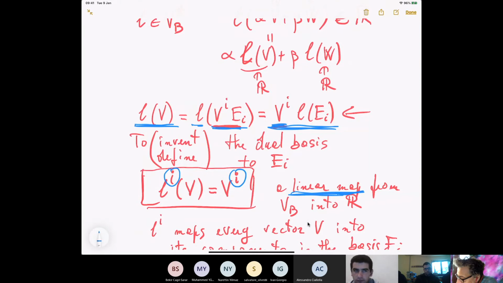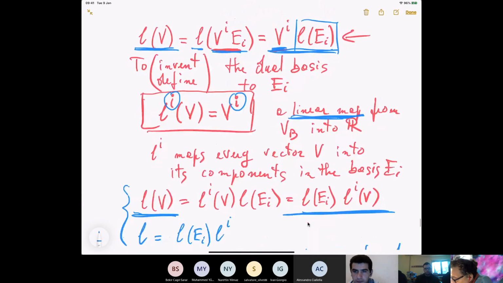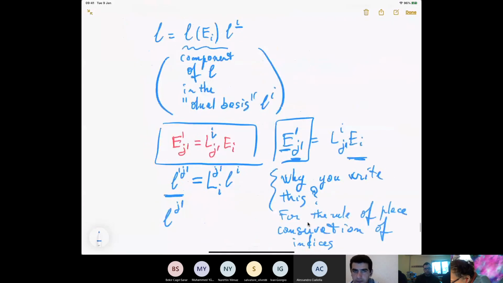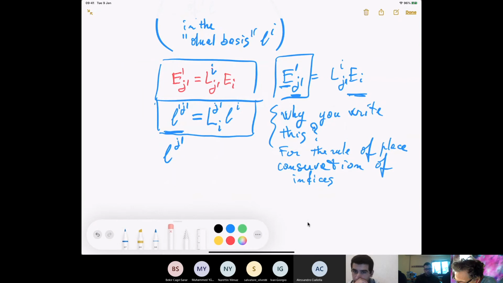You have L Ei here. The index here is down. So Li must have the index up in order to keep the law of conservation of positions of the indices. So I have written this formula, and this formula we will need to prove.